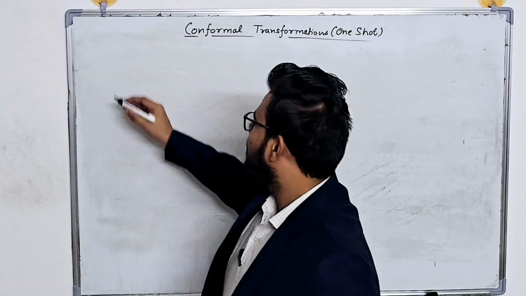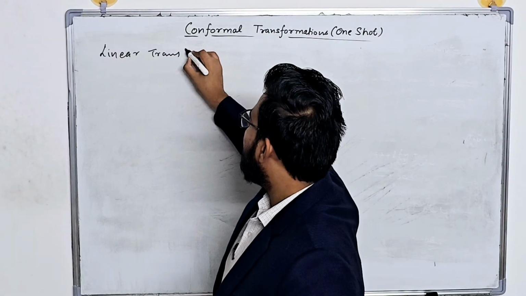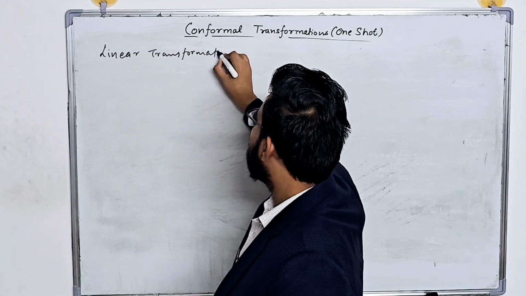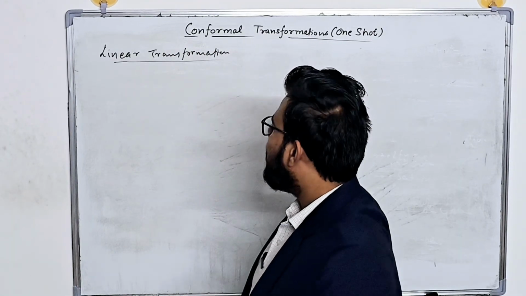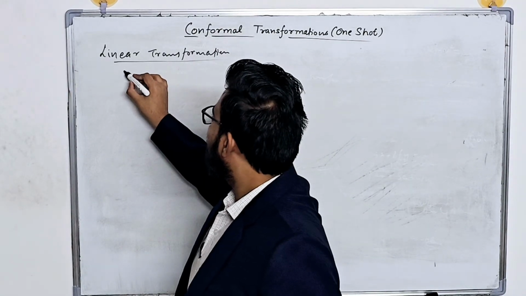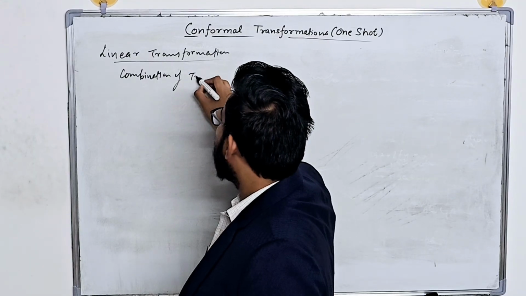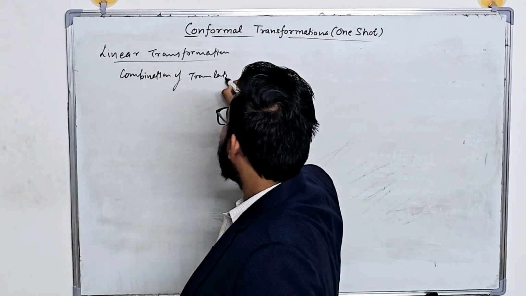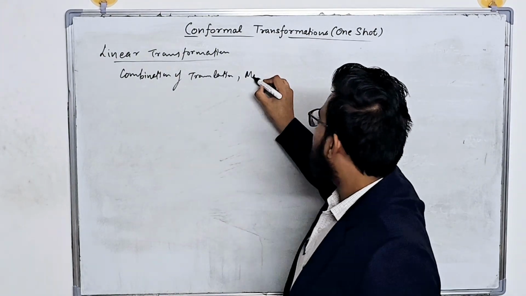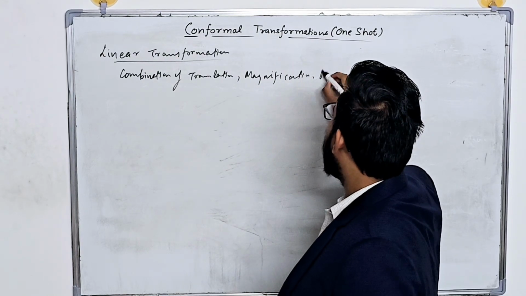Now let's move to some next topic. Let's study linear mapping, linear transformations. Well, what is a linear transformation? A transformation that is a combination of translation, magnification, and rotation.